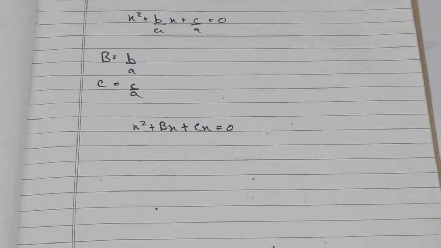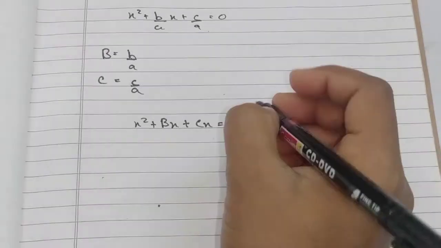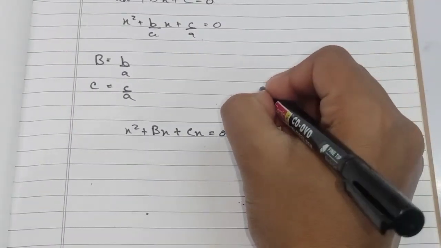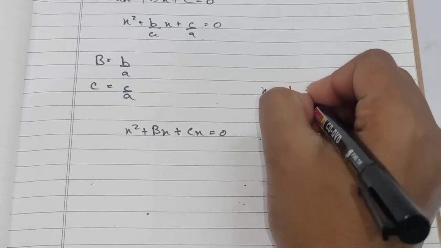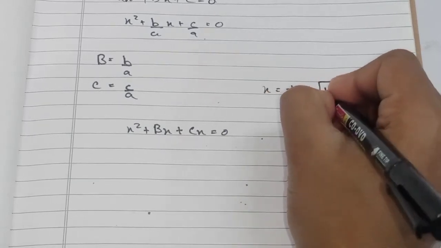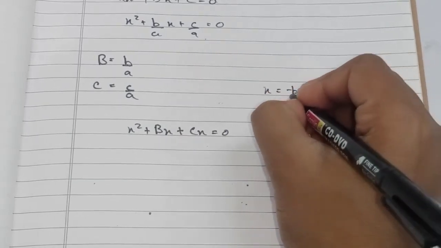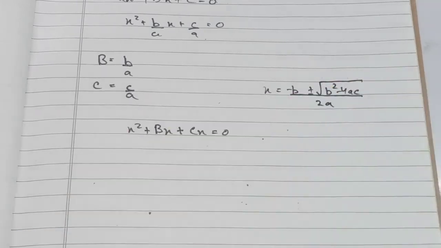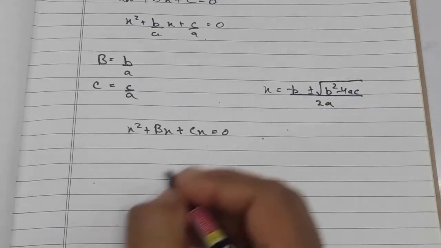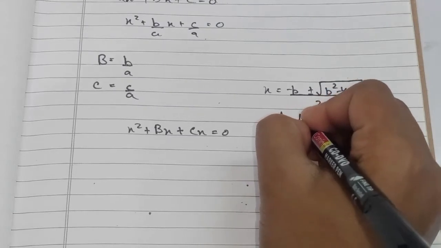Now for solving quadratic equations, what we usually do is either use the quadratic formula, that is x is equal to minus b plus or minus square root of b square minus 4ac all over 2a, right? Or we factorize the expression.